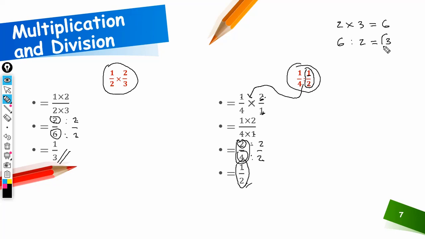To get the answer 3 in division, you can say how many 2 to get 6. Okay, how many times you take 2 to get 6? Berapa kali 2 untuk mendapatkan 6? Berapa kali? 3 kali. So 3 times 2 is 6.